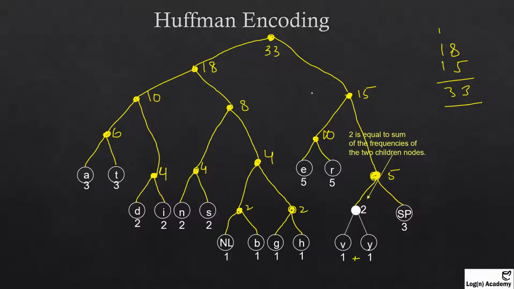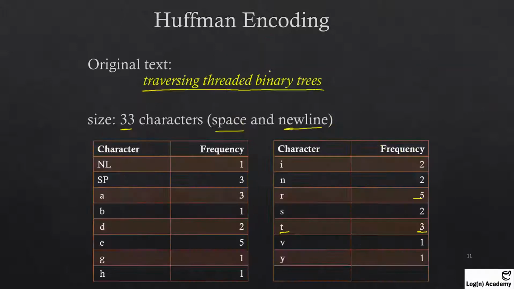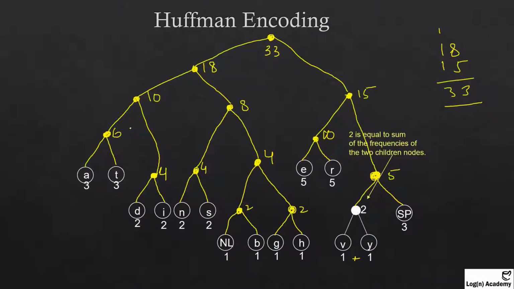And if you remember, the total number of characters in our phrase, including space and new line, was 33. Let's check: as you can see here, the total number of characters we had was 33. So now we have connected all these nodes and we got the total number here.